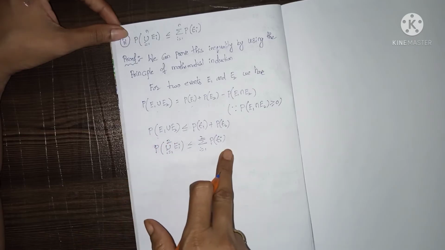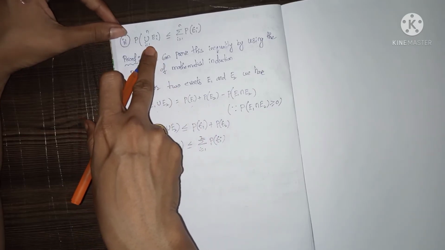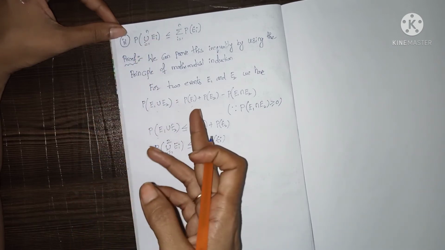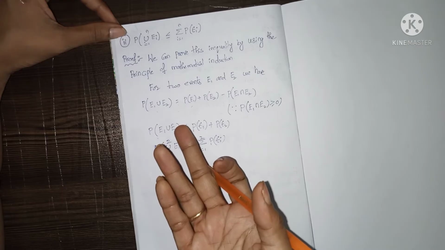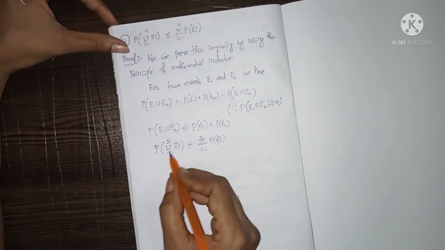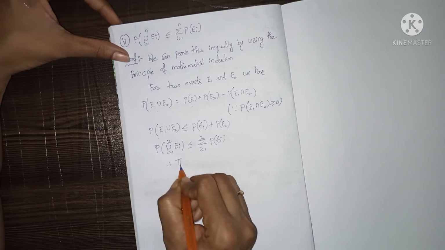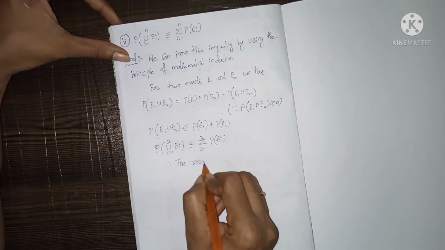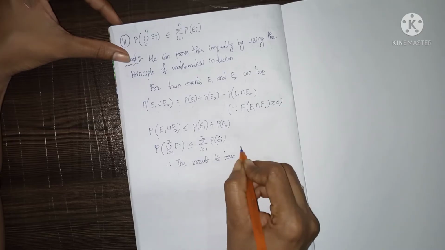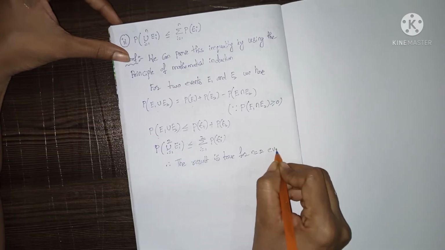By seeing this, it is in the form of this inequality, isn't it? But in place of n, we have 2. That means we are able to prove it for two events. Therefore, the result is true for n equals 2 events.